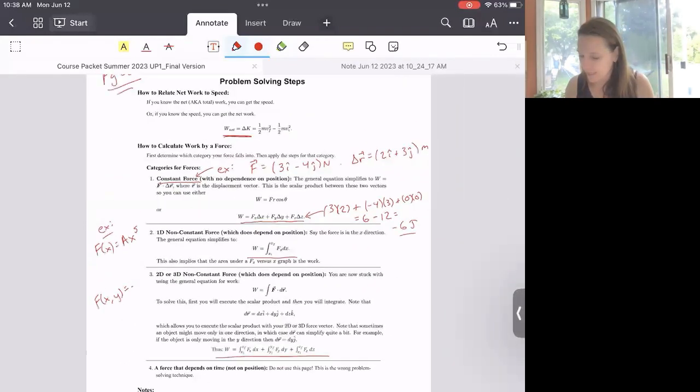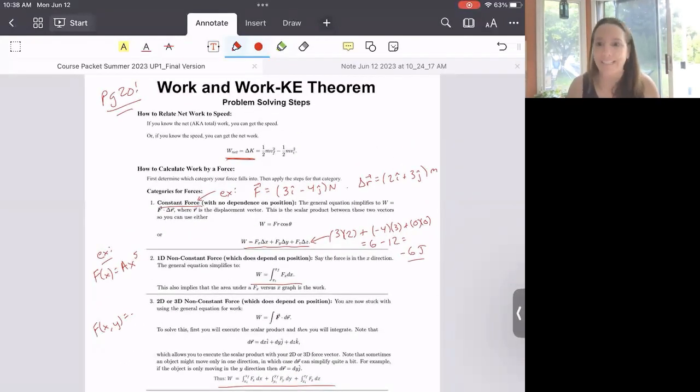So this page, again, page 20 of the course packet is your best friend for Module 5. It's different than my other annotated examples because with work, it's more about find the equation, use the equation. And then remembering that work relates to speed through our work kinetic energy theorem.